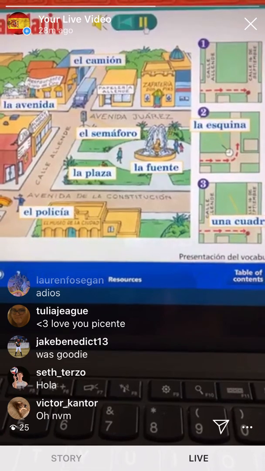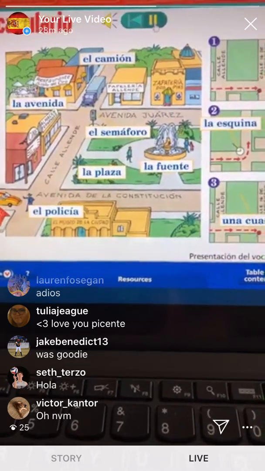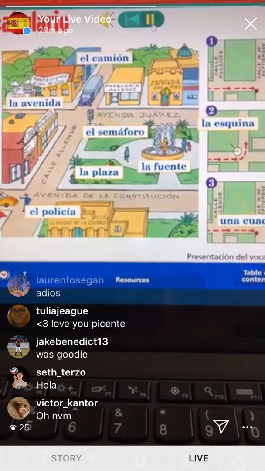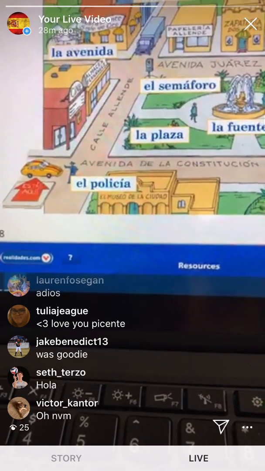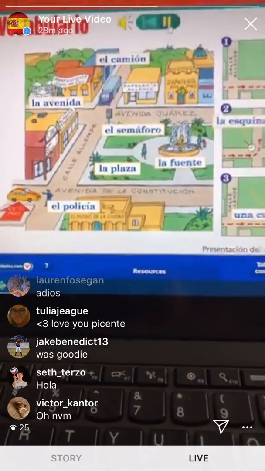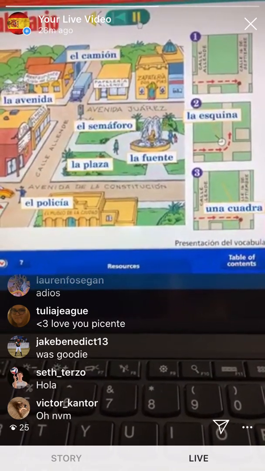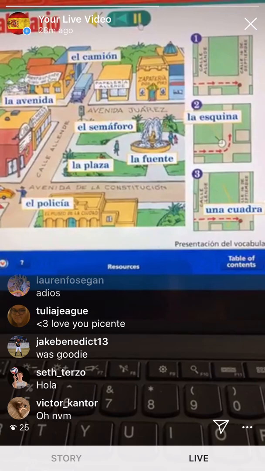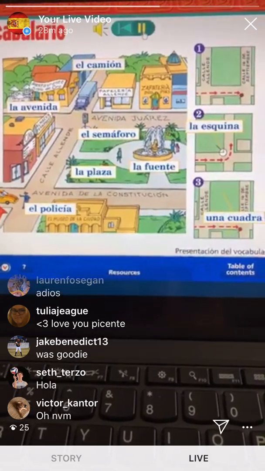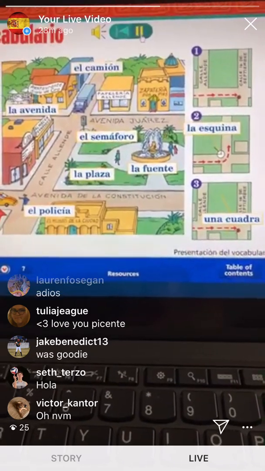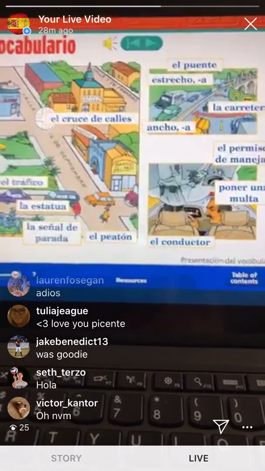La plaza. Plaza. That's a cognate there, guys. La plaza. El policía. Policeman. El policía. La esquina. Corner. La esquina. Una cuadra. A block, like a city block. Una cuadra.